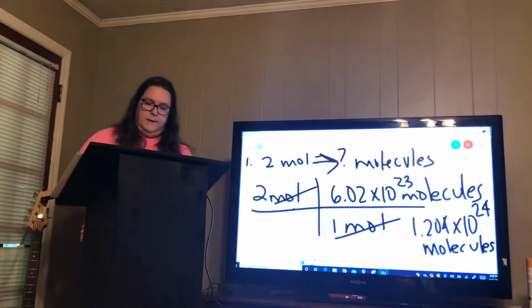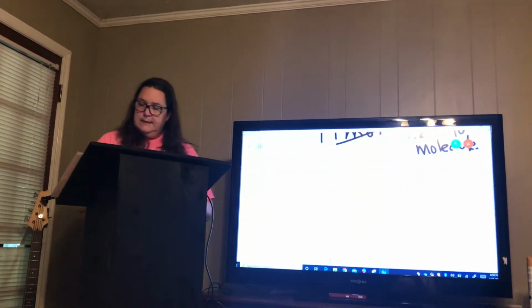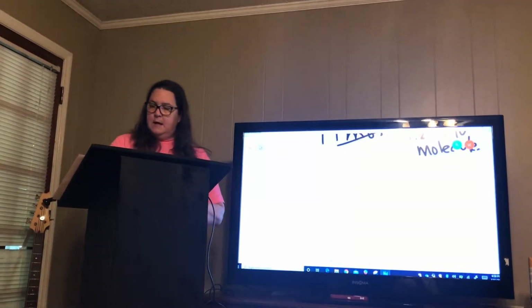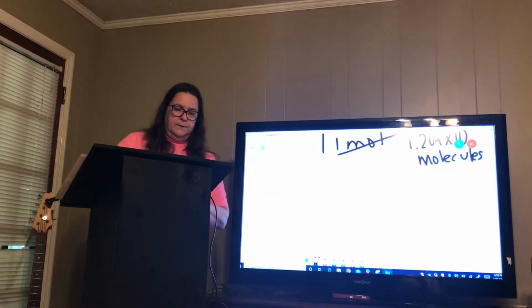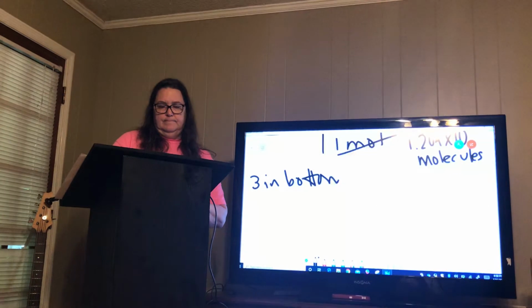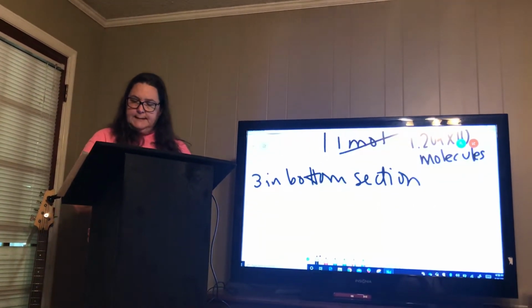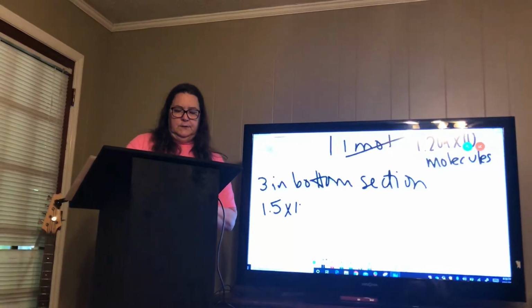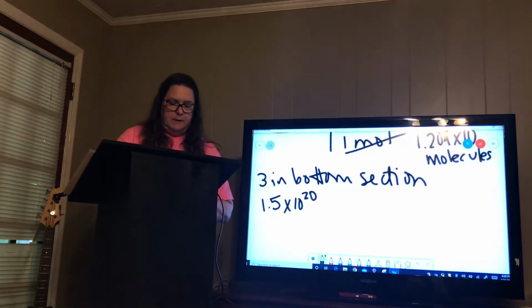Now, when I'm going from molecules to moles, like in number 3 in the bottom section. It says I have 1.5 times 10 to the 20th molecules.